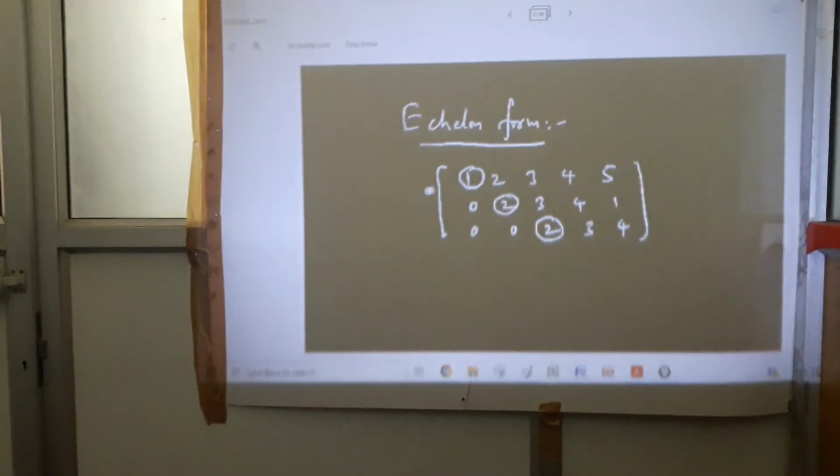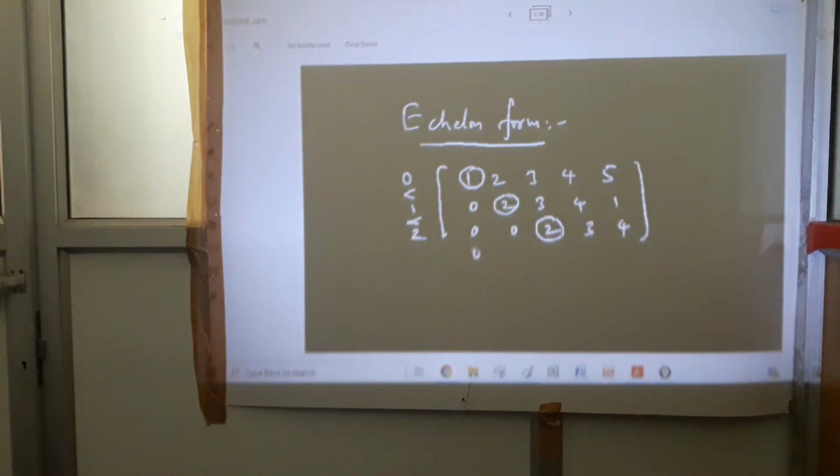So how many zeros we have here? No zeros. So I'll say that it is 0. How many zeros I have here? 1. And how many zeros I have before the first non-zero element? That is 2. So this should be an increasing sequence strictly. No number should repeat. If I have 2 zeros here, in the next row it should be 3 zeros or 4 zeros. But the same number of zeros are not allowed.